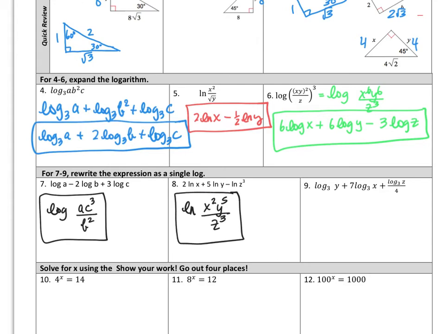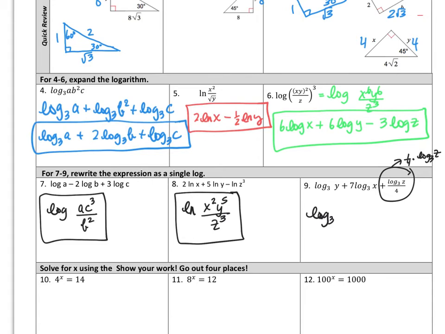Oh wow, this one looks a little interesting because of this piece. But can't we simplify that a little bit? Isn't that the same thing as just saying 1/4 times log 3 base 3 of z? So that number is just in the front. So yeah, we can do that. So this would be 1 log base 3.